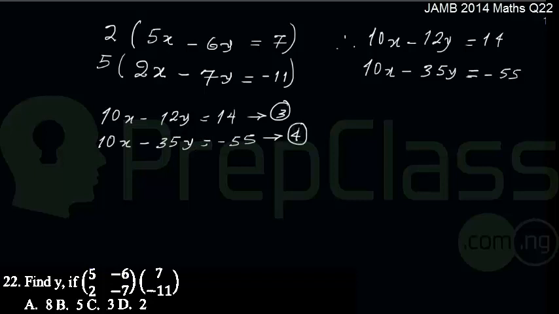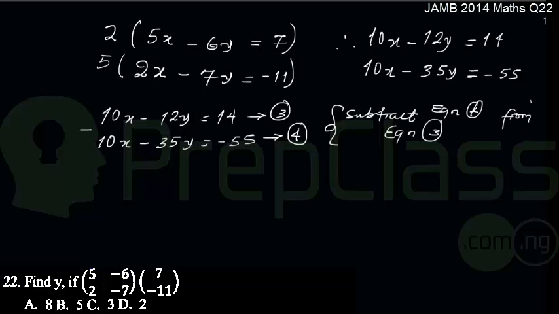So basically, eliminating x, we subtract equations. I'm going to subtract equation 4 from equation 3. That's the same as equation 3 minus equation 4. So 10x minus 10x, that will give me 0.